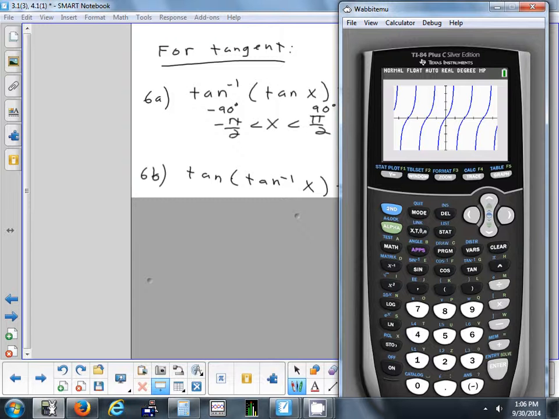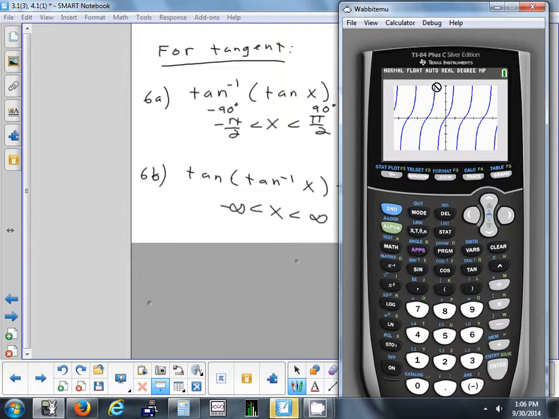And we decided to focus in on just that middle section, right in that area. How high and low does it look like that function is going? Yeah, infinite. Infinitely up and negative infinity down. So there's no restriction on this formula. It always works. You can go as high or as low as you want.